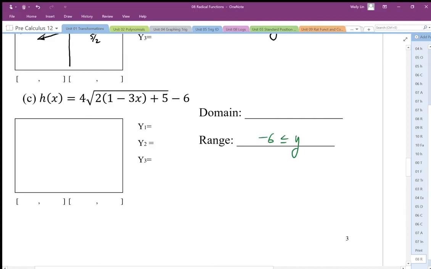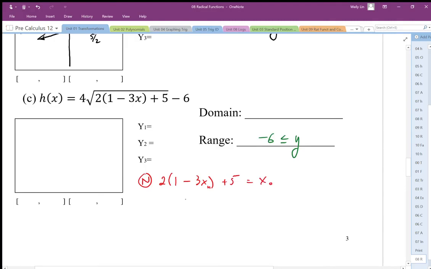Now, as for the domain, we're going to do it from a transformation perspective here. So we know that our notation looks like this, and we want to know what the transformation looks like.